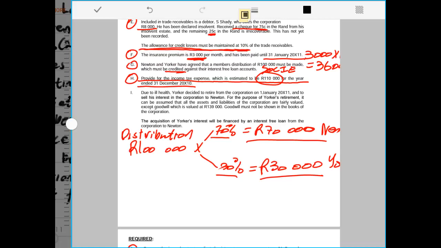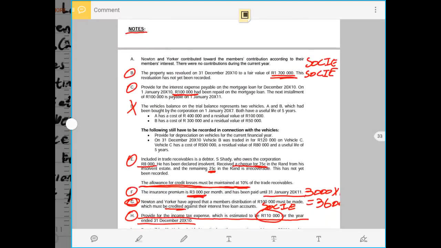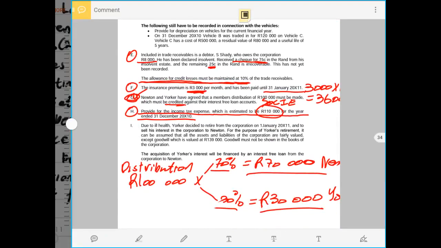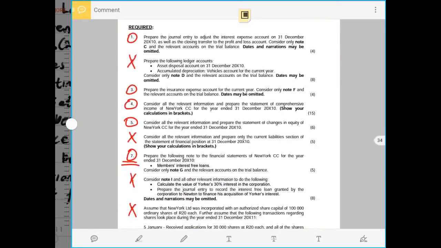That was adjustment number G. So now we have taken that into account. It's 100,000 rands. Check if there is any other entry to take into account that goes to the statement of change in equity. No. We have done number A, we have done number B, we have done number G. Then what else to do with regard to the statement? Nothing else.